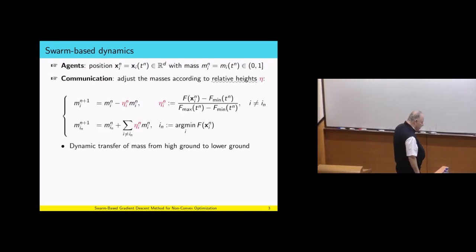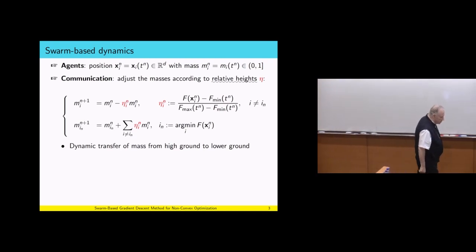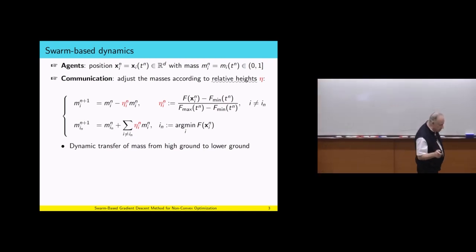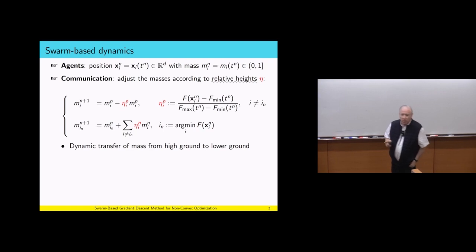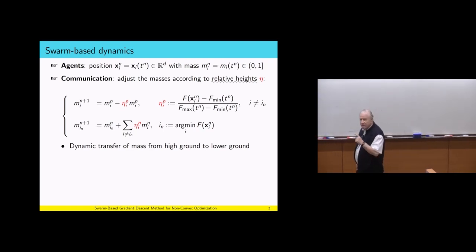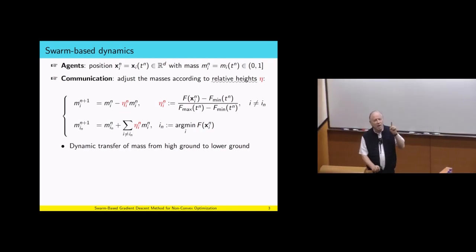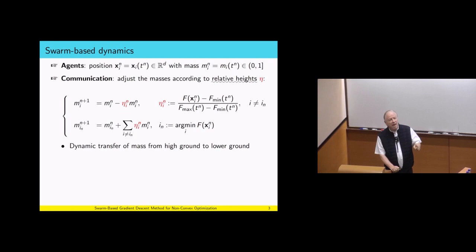Second component, communication. Every agent has to communicate with all the other agents in the following manner. We always compare, that is, we are part of the swarm, who is right now the lowest agent. And everybody has to give a part of its mass to the lowest agent. This is what it says over there.